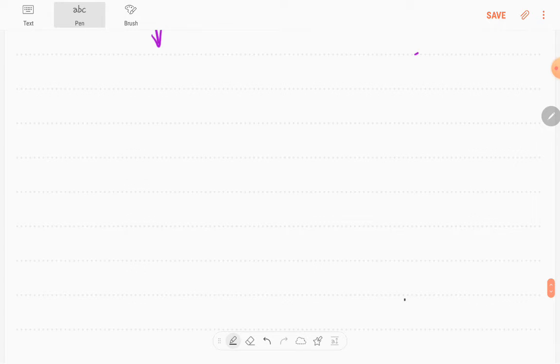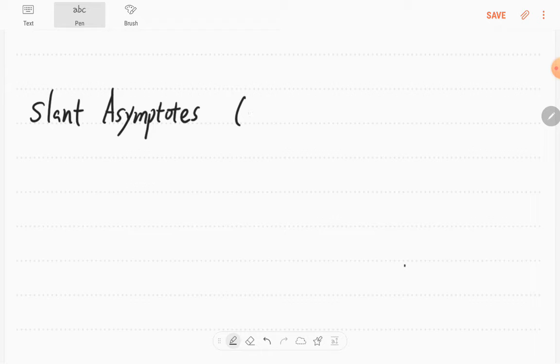There is another asymptote, which is called the slant asymptote, which is also called the oblique asymptote.